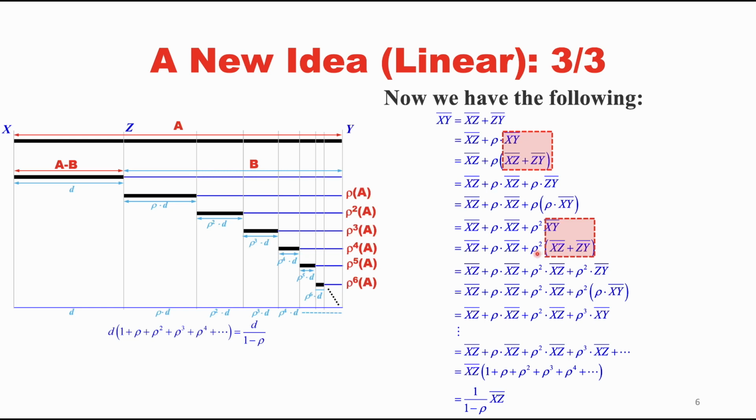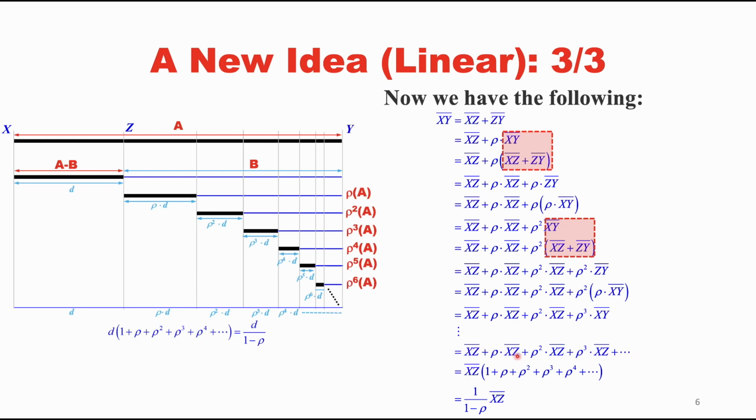Therefore, we have a term rho squared times XZ and rho squared times ZY. Repeating this process indefinitely, we have XY is equal to XZ plus rho times XZ plus rho squared times XZ plus rho to the cube times XZ and so on.